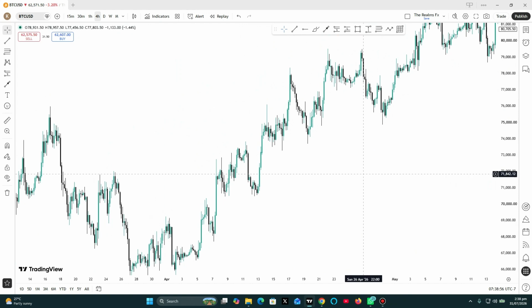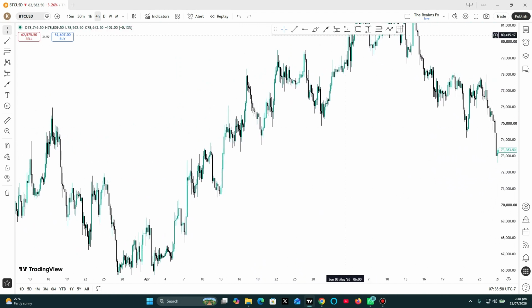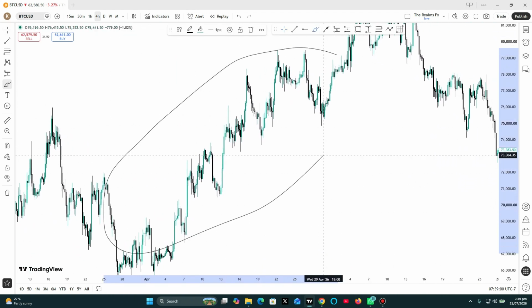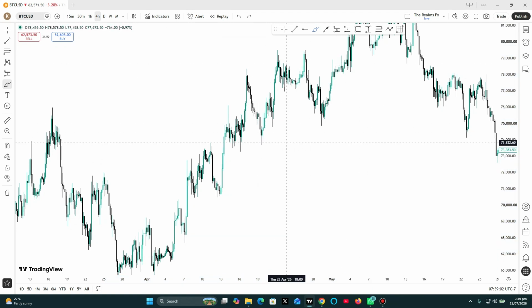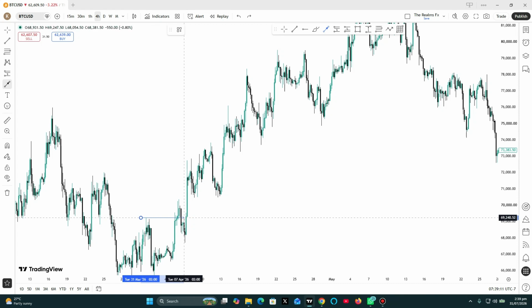Currently within this region of the chart, you can see that the market is in a continuous uptrend. How can we tell? Because price keeps breaking towards the upside. We have one over here. This is a break of structure.